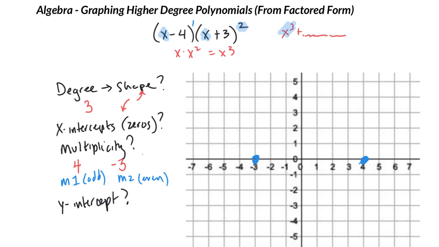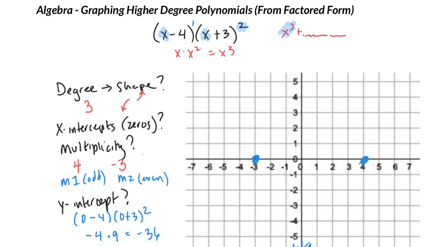Let me write down that work. We'd have 0 minus 4, and then 0 plus 3 squared. So 0 minus 4 is negative 4. 3 squared is 9. So it'd be negative 36. I didn't plan this real well. That's obviously way off the page, but that would be way down at negative 36 down here.